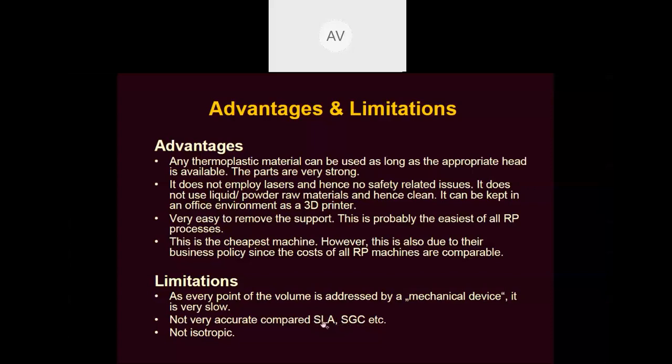Later I will show why SLA and SGC are good, when we see those slides and compare with FDM. And it is not isotropic, meaning the material property is not the same at each point.